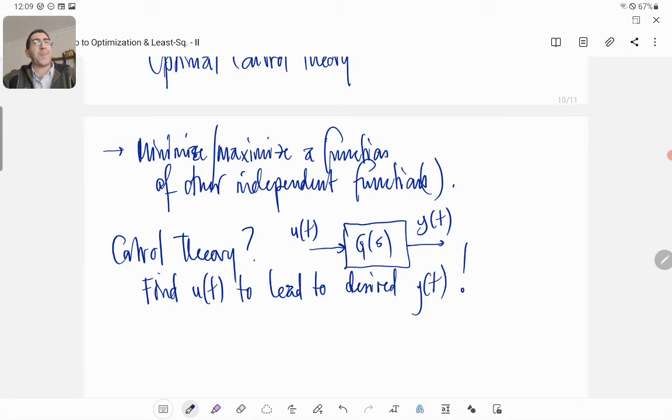Now, how do you combine optimization with control theory?